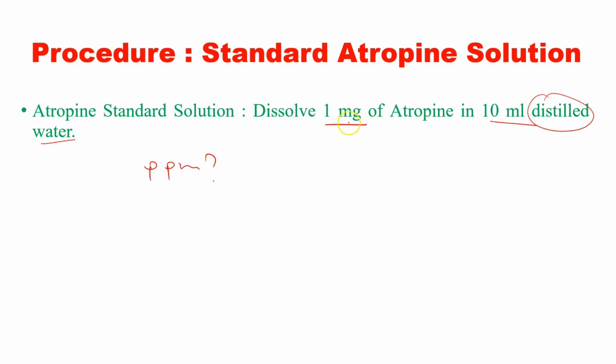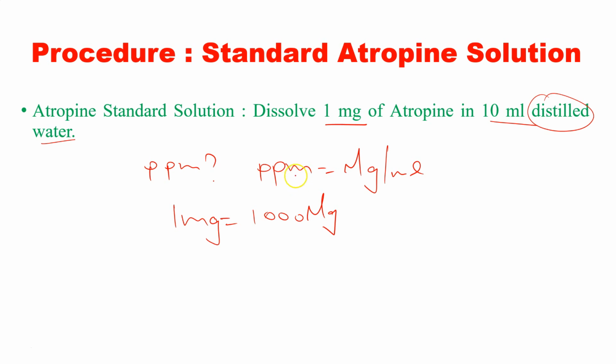The relation between ppm, parts per million, and microgram per ml: microgram per ml and ppm are both the same. So we need to convert the milligram. 1 milligram is equivalent to 1000 microgram.